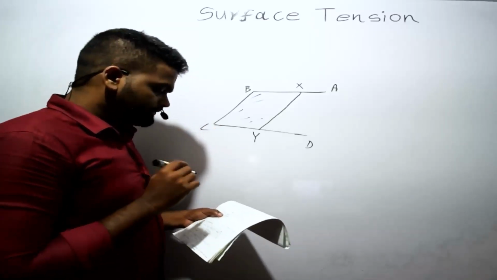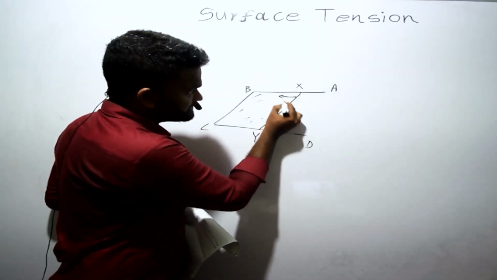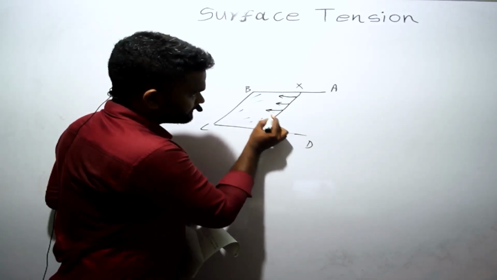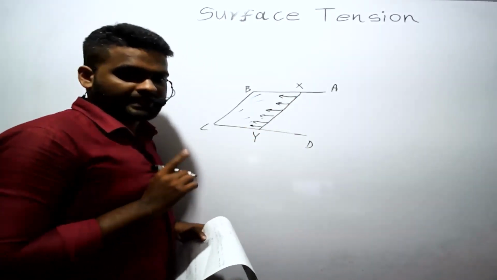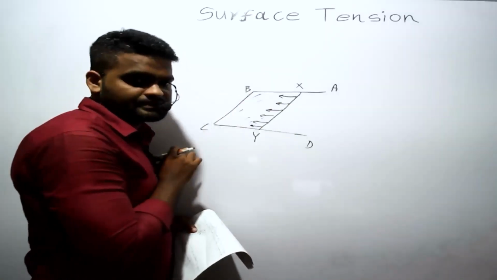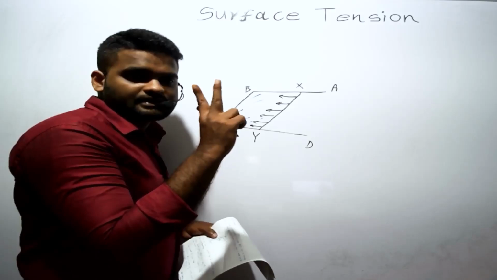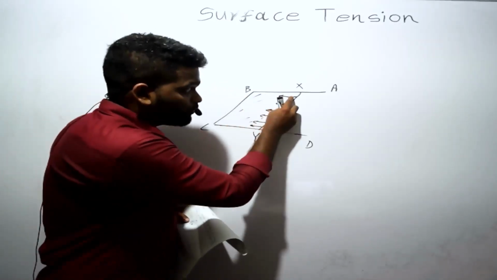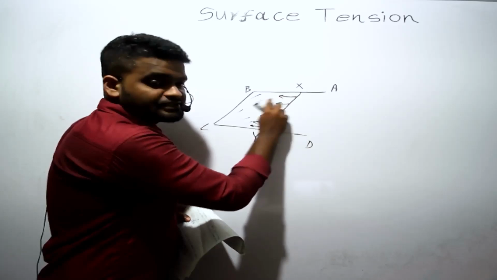Then what do you have? You know that here there are surface tension forces acting to this side, I mean over the surface. You know that this has two free surfaces. So over one surface, these are the surface tension forces.